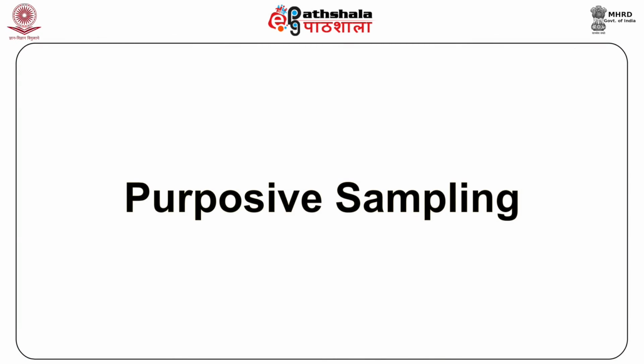Purposive sampling. Purposive sampling involves conscious selection by the researcher of certain people to be included in the study based upon criteria such as experts' knowledge of a particular issue or certain experiences or willingness to participate in the research, etc. Thus, sample units are selected based on particular characteristics that are of interest to the researcher.